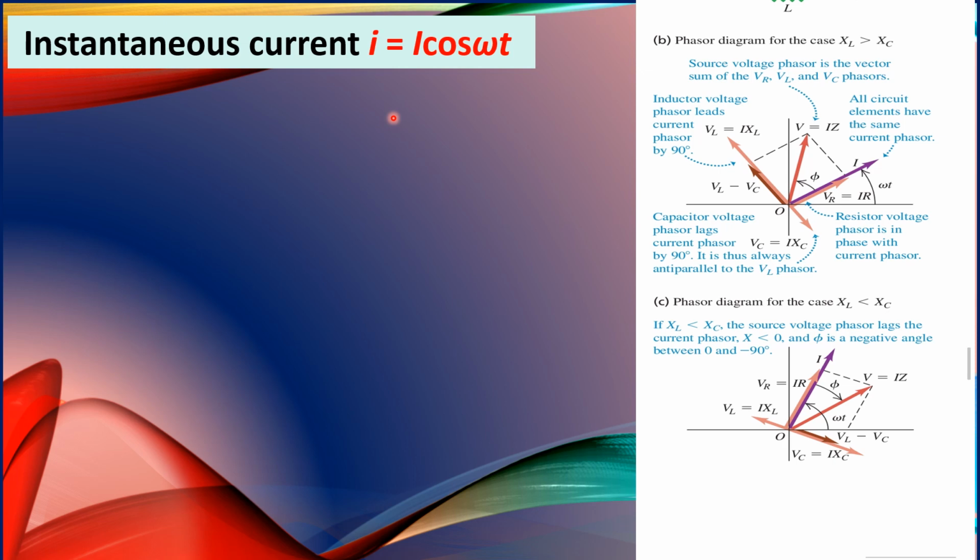Since the circuit elements are connected in series, the current at any instant is the same at every point in the circuit. So a single phasor I with length proportional to the current amplitude represents the current in all circuit elements.